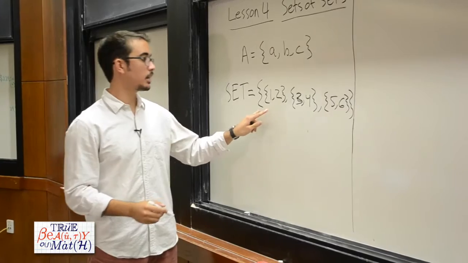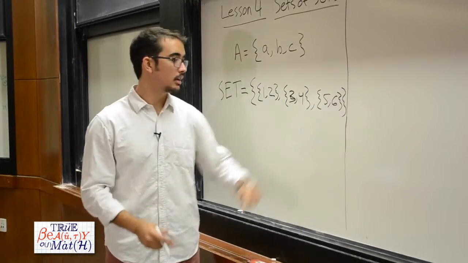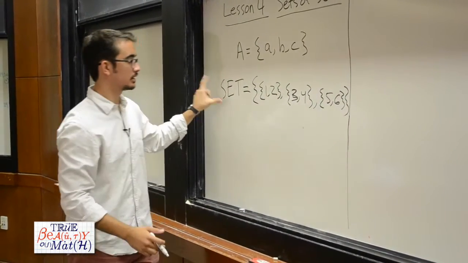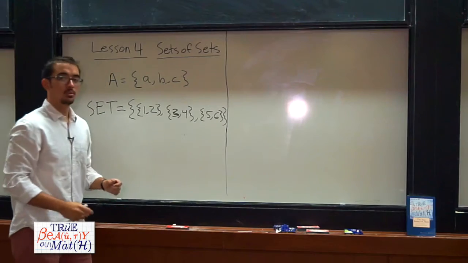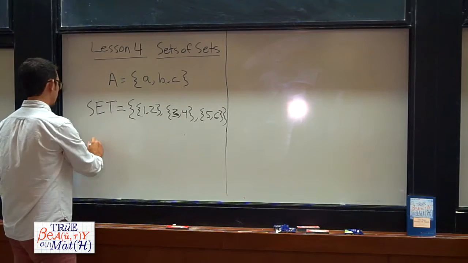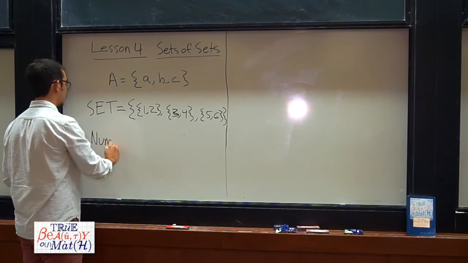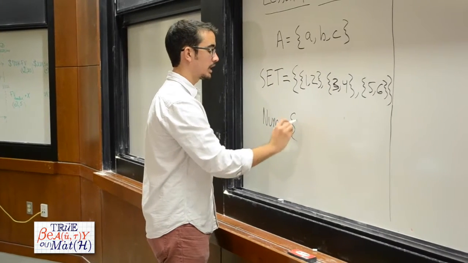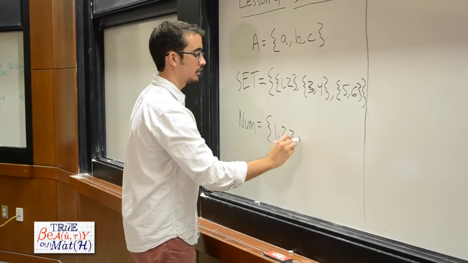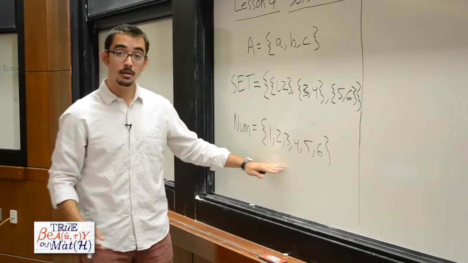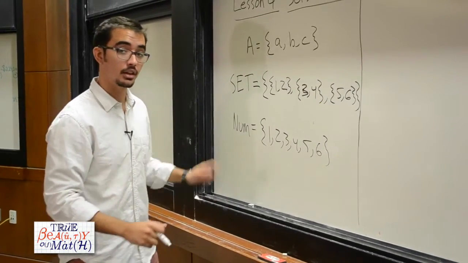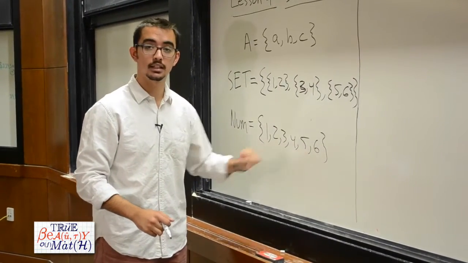One, these nested brackets are here to tell us that we have a set, which I'm calling set, whose elements are themselves sets. We now need to also distinguish this from the set, which I'll call num, maybe as short for numbers, whose elements are 1, 2, 3, 4, 5, and 6. Namely, num has 6 elements, the numbers 1, 2, 3, 4, 5, and 6.